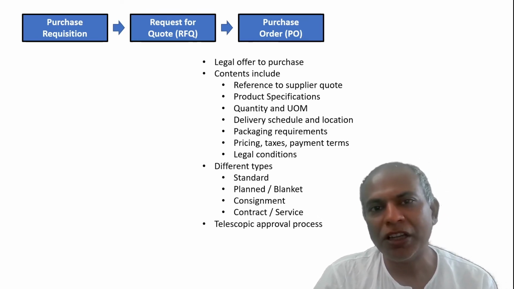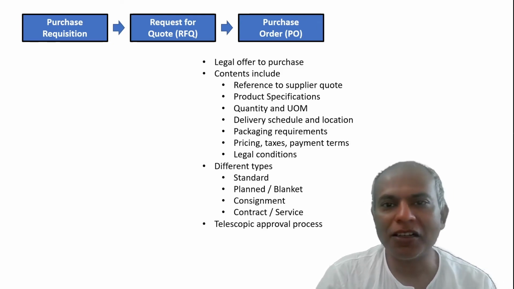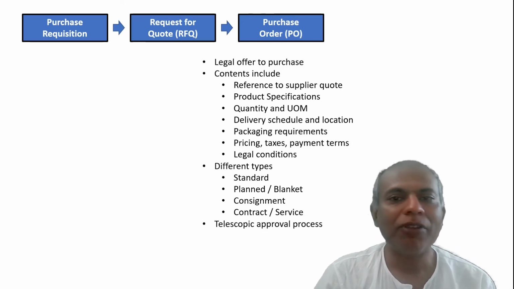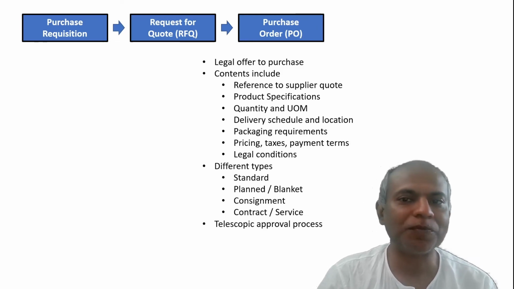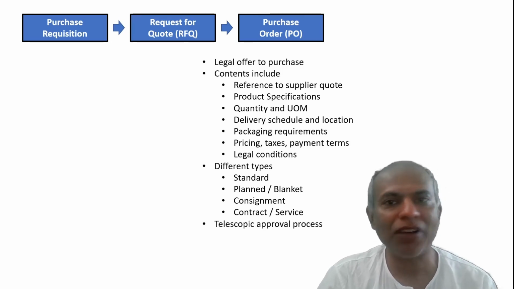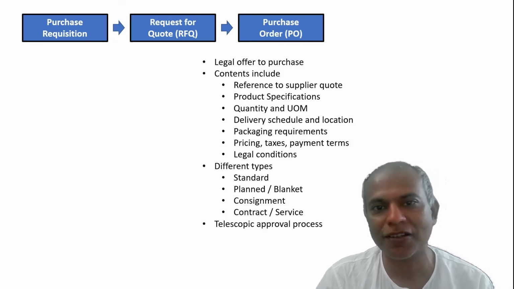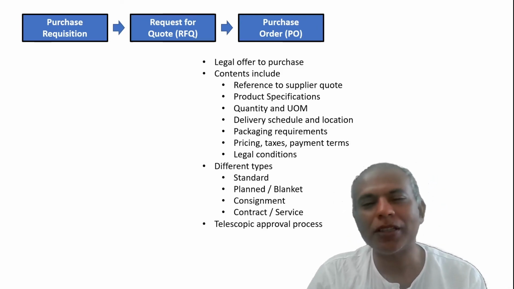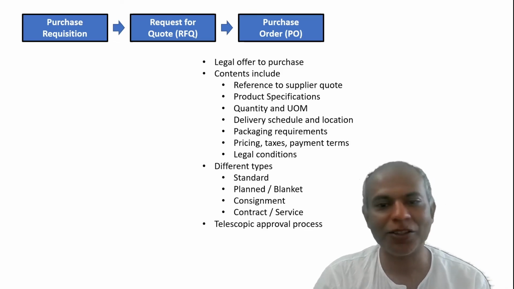So, for example, if the PO value is under $2,000, well, the purchase executive can directly issue the PO. If it is between $2,000 and $7,500, it requires a signature of a certain assistant manager. If it is more than that, it requires approvals from a certain higher authority, and so on.